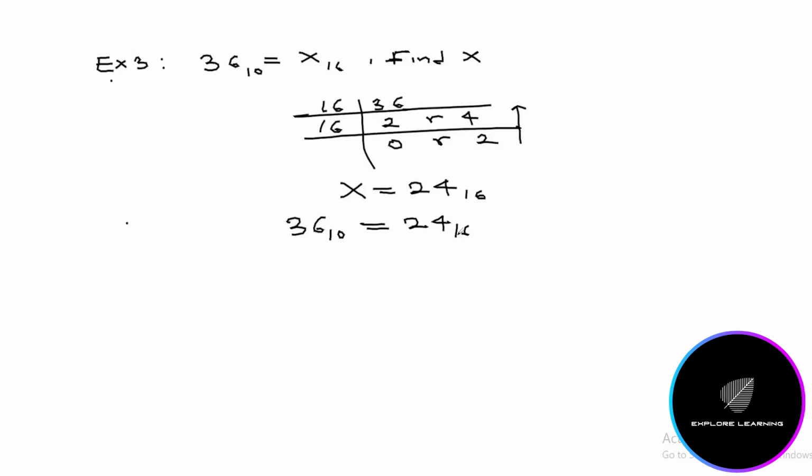That's pretty easy. So let's consider an example where we have a base 10 value with decimal places. Let's have 38.25 base 10 equal to x base 2, find x.